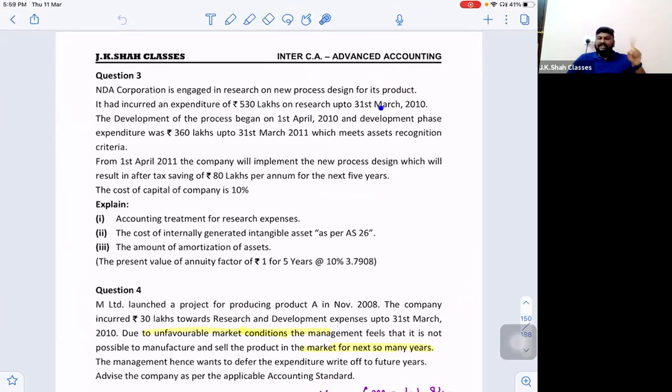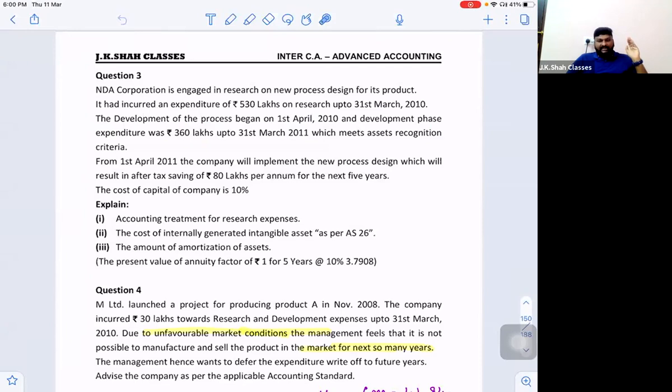That is in the financial year 9-10. The development of the process began on 1st April 2010. So we started development from the next year, and development phase expenditure totaled 360 lakhs up to 31st March 2011, which has met the asset recognition criteria, similar to the earlier question.